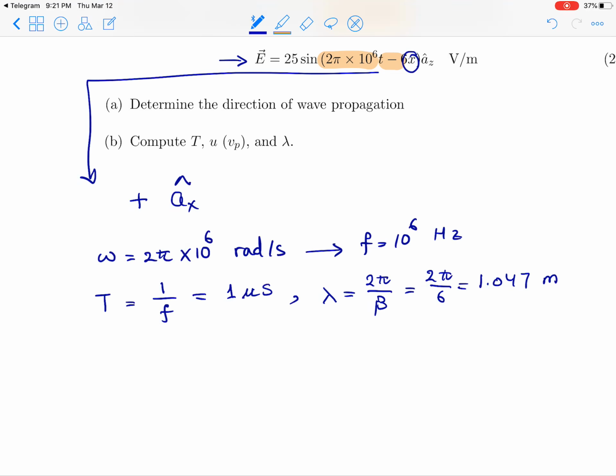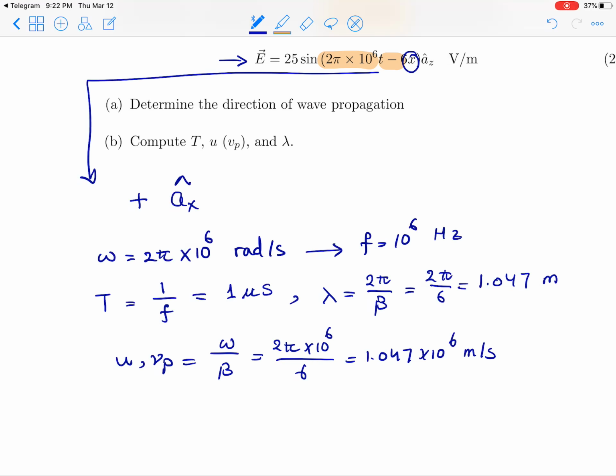Then finally, let's find the wave velocity, or the phase velocity, as omega, the angular frequency, divided by the phase constant beta. If we complete this division, we get 2 pi times 10 to the power 6 divided by 6, which is 1.05 times 10 to the power 6 meters per second.